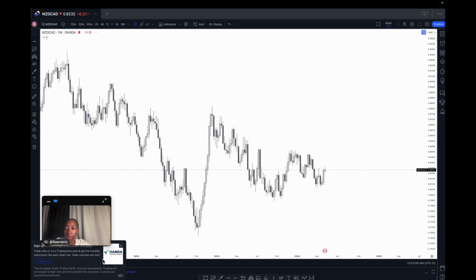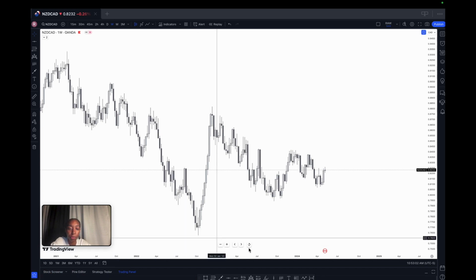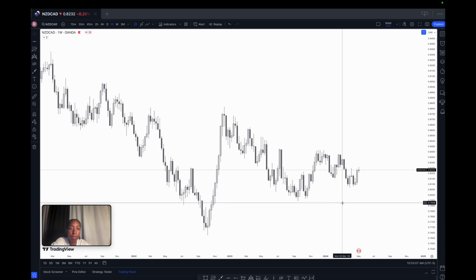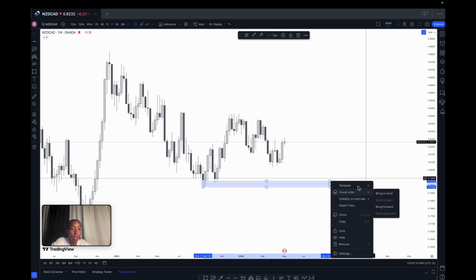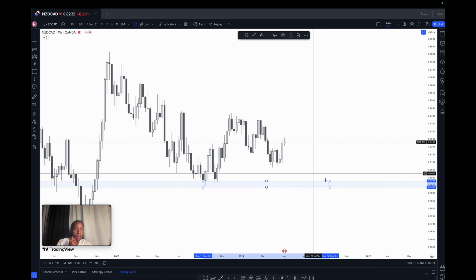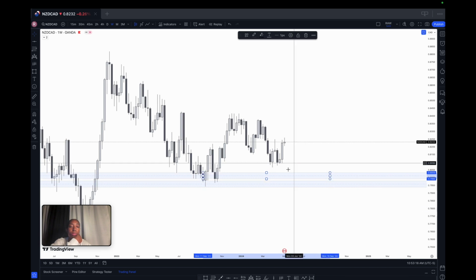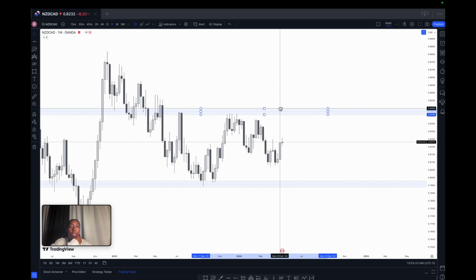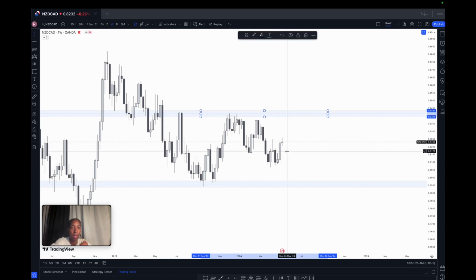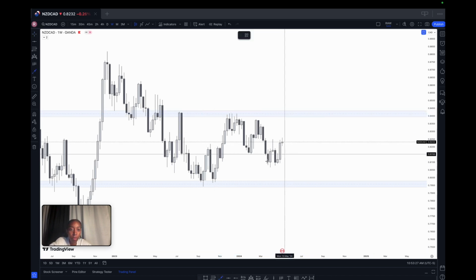Let's go to the weekly time frame, see what we have here. Okay, we're in the middle of a range right now. Let's change this to daily. Middle of these ranges, right? So now we're just looking for bullish momentum.